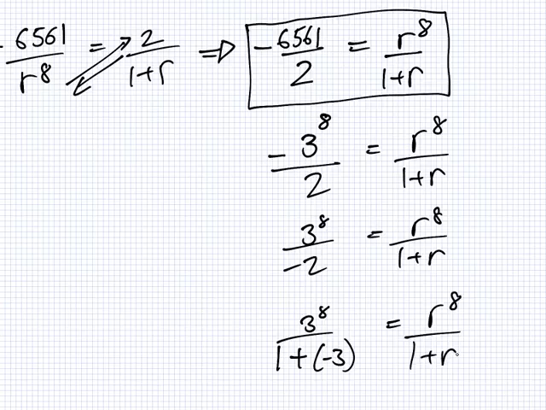Now, when you look at the left and the right, on the right you have your equation, r power 8 over 1 plus r. And on the left you have an expression of the same form, 3 power 8 over 1 plus minus 3. It's not the same form. There's one mismatch. What's the mismatch? These two should be the same, correct?